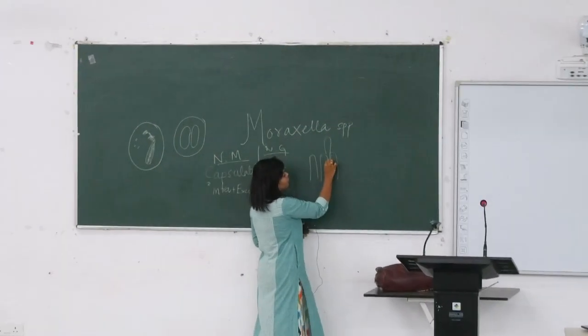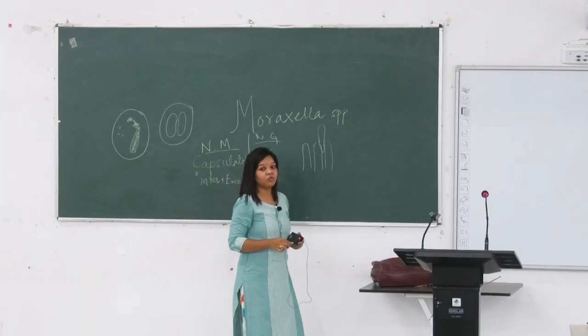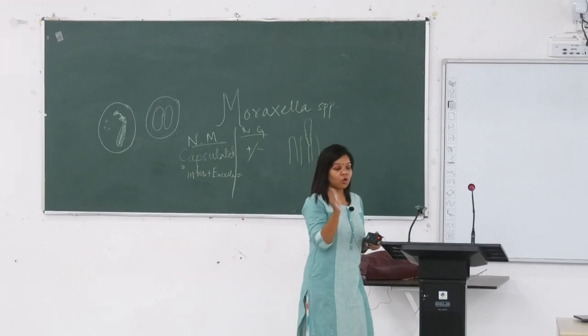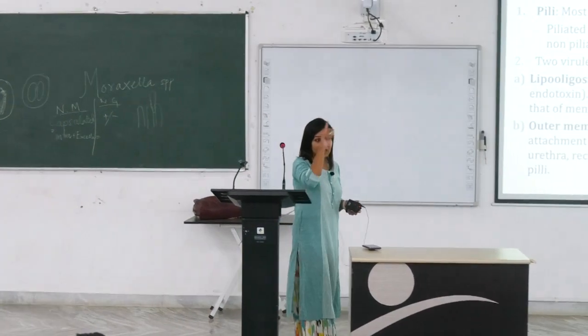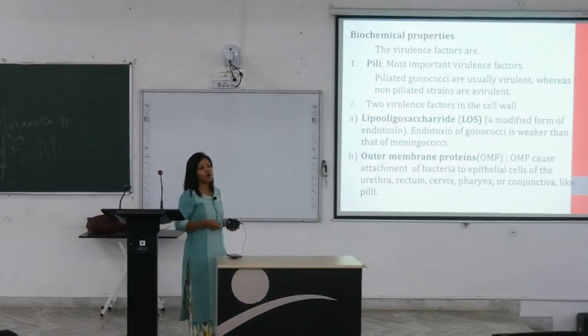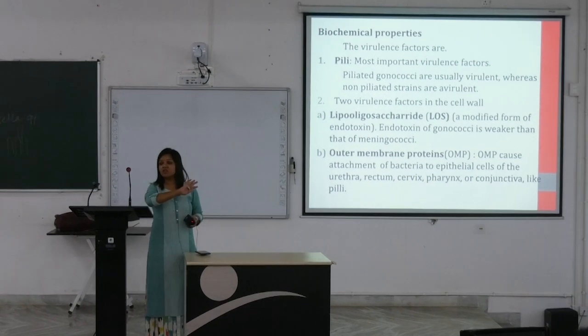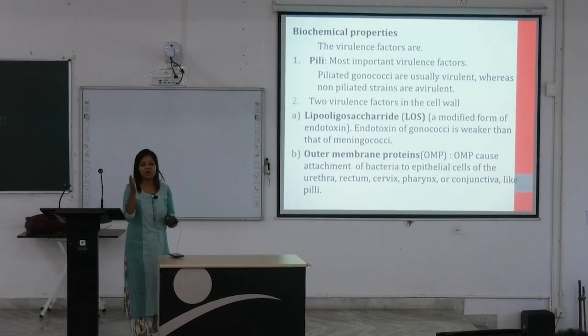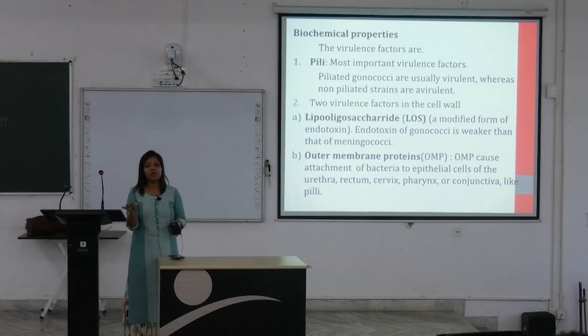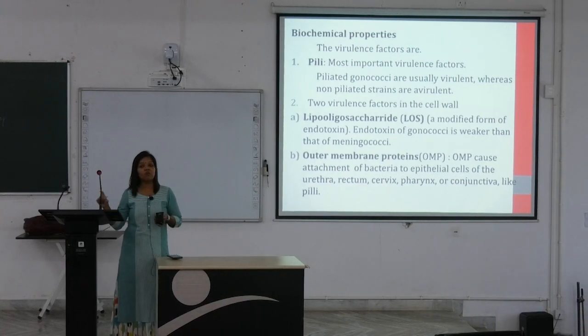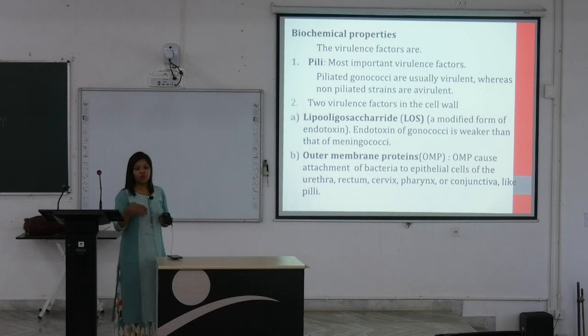They have an outer membrane protein like this in between. If you have the book, you can open the gram negative cell wall structure and see the outer membrane protein. In general, for any bacteria, open the gram negative cell wall structure, and you will see how the outer membrane protein works as a virulence factor for every gram negative bacteria.